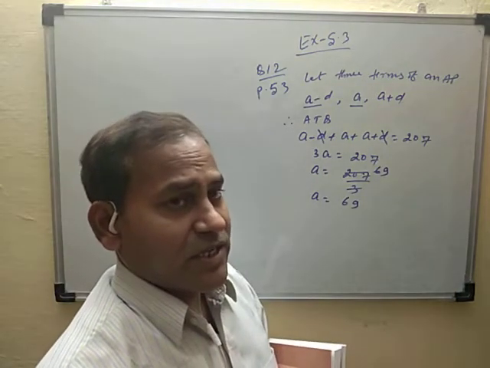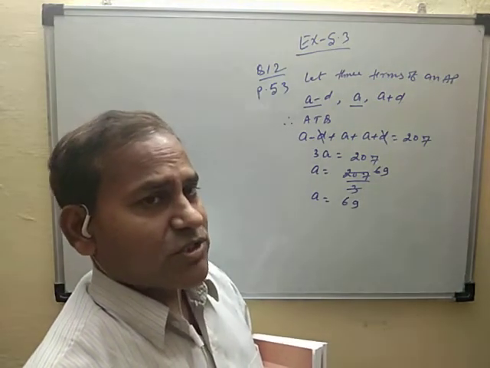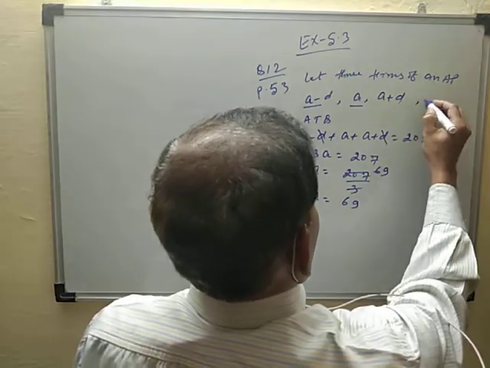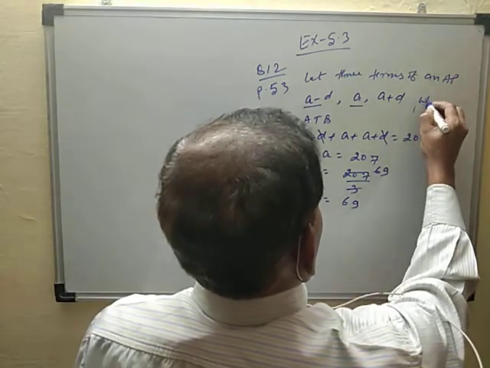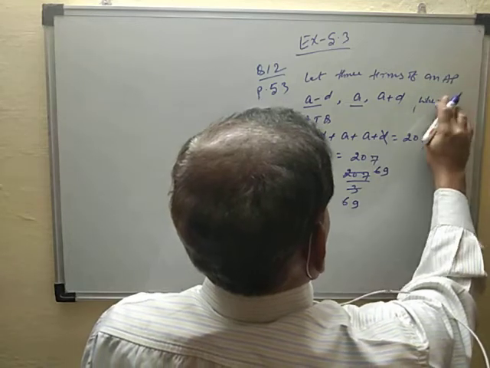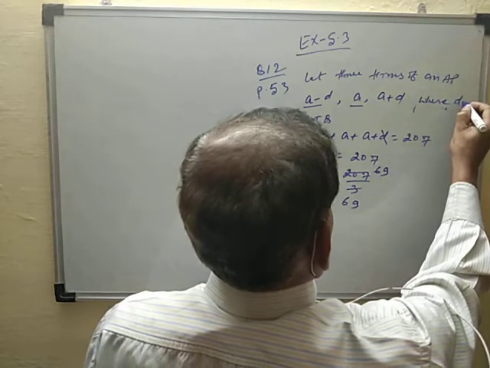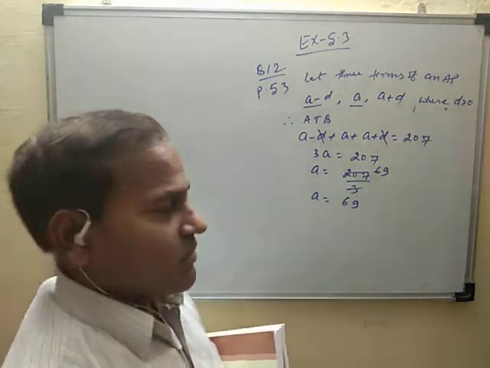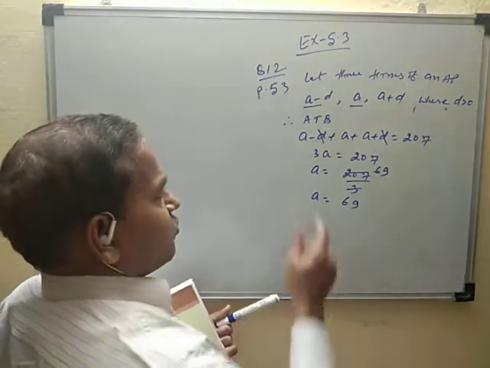And if D is negative... here suppose D is positive, D greater than 0. So what are the 2 smaller parts?